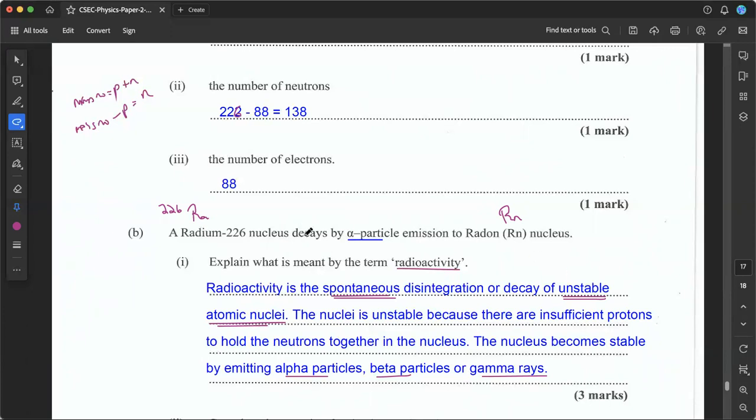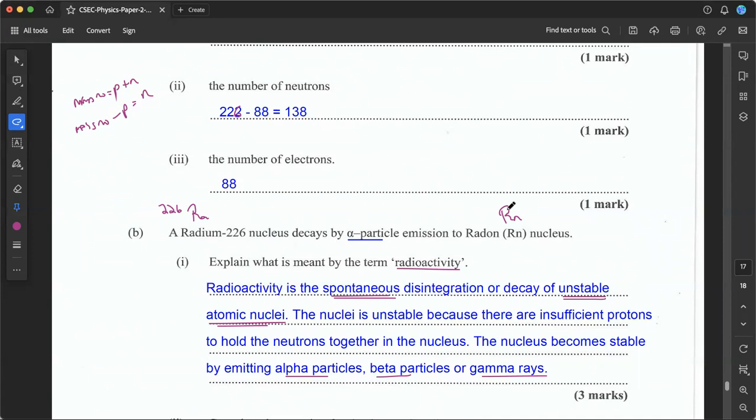In this particular case, if we go back up to here, it's saying that a radium-226 nucleus, right? We can assume that's an unstable nucleus, since it decays by alpha emission to give us a completely different element, right? So that's how we would think about radioactivity holistically. It's a spontaneous process, and it happens in unstable nuclei.